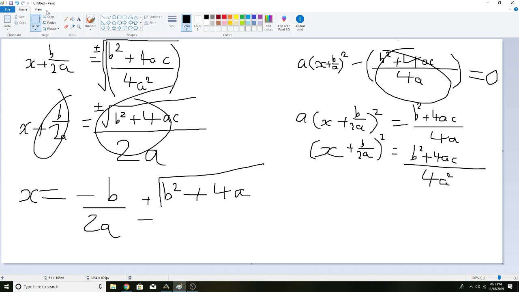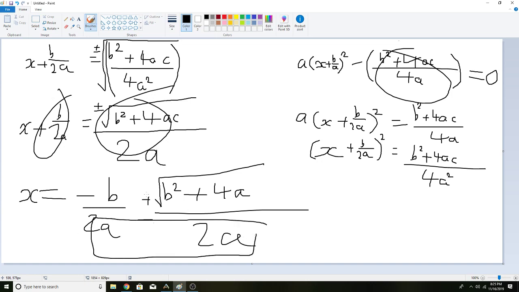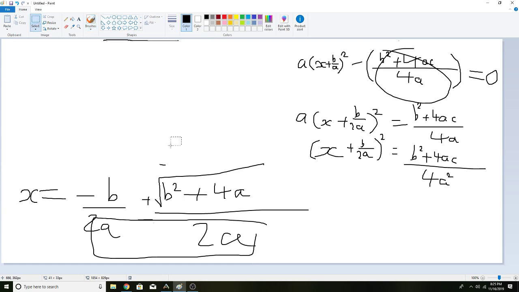Remember, I've already done the bottom bit, so I don't have to square root that bit again. So over 2a. And then, as we can see there, because the bottom two are the same, we can combine it.